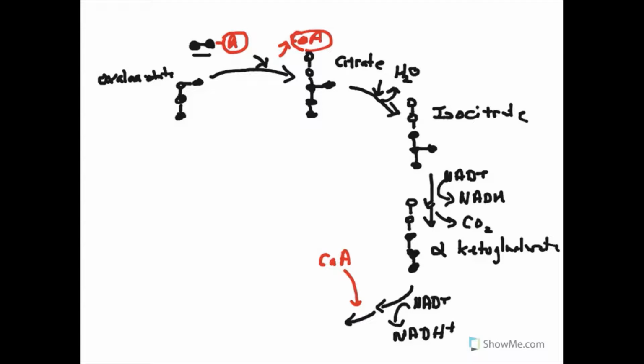It's also having lost one of its carbons here. I did not show that carbon change there, but we do remove one. Let me put the CoA here, and then let me erase that a little bit too.